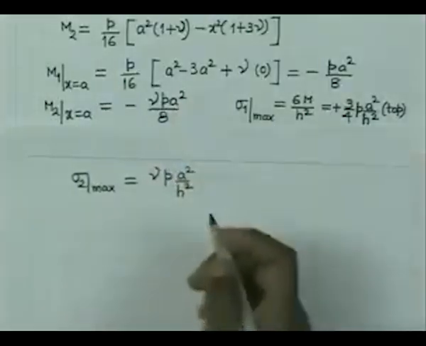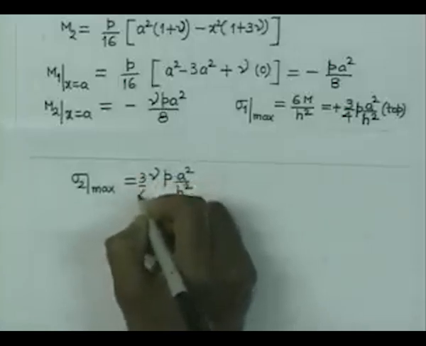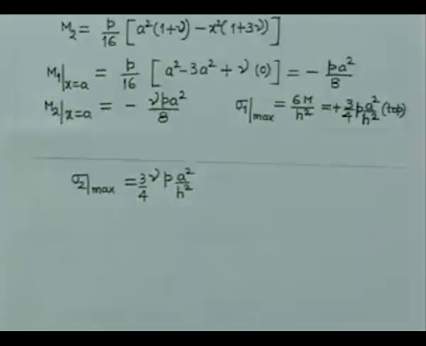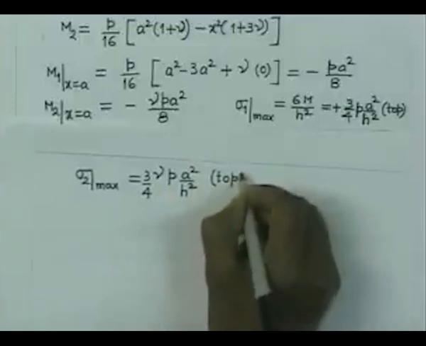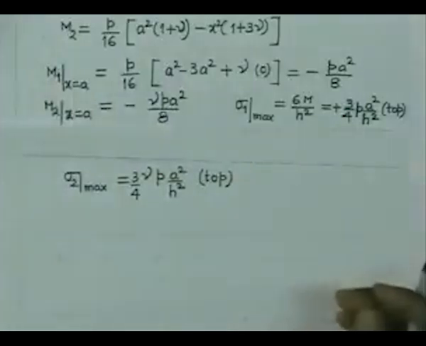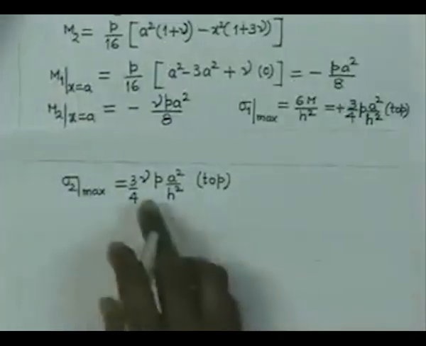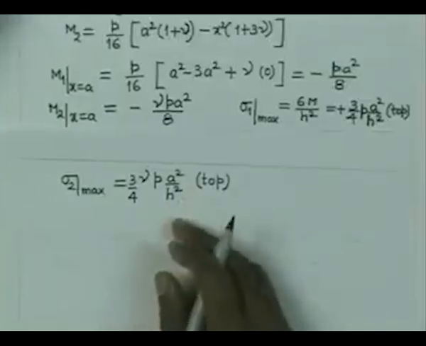So, we will again have the 3 by 4 factor, and this is the stress at the top fiber. It is very important to see that both these stresses are going to be positive at the top fiber.